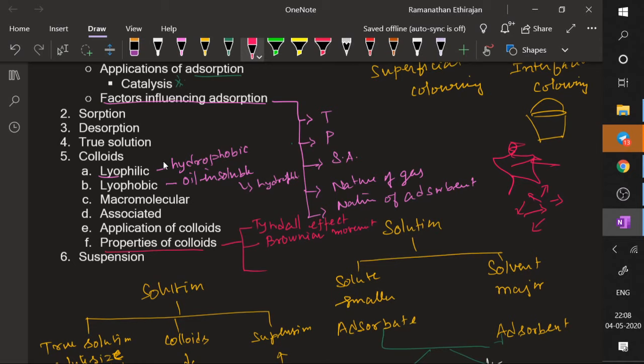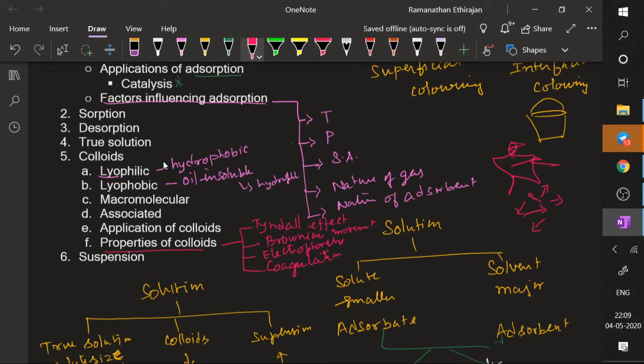Then the electrical property, called electrophoresis, and we will discuss that aspect also. Then a very important topic under colloids, that is coagulation.